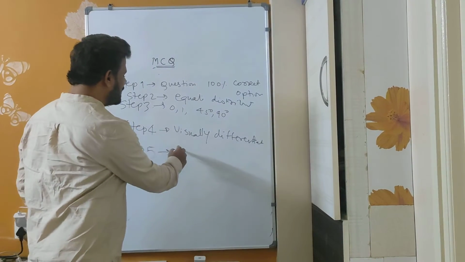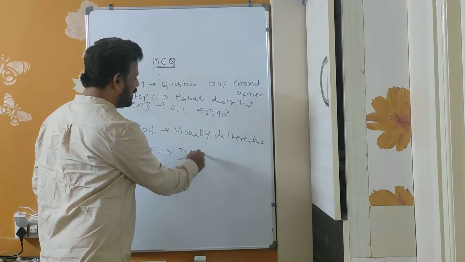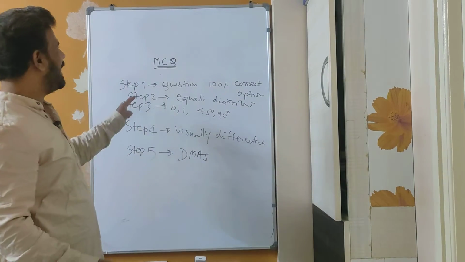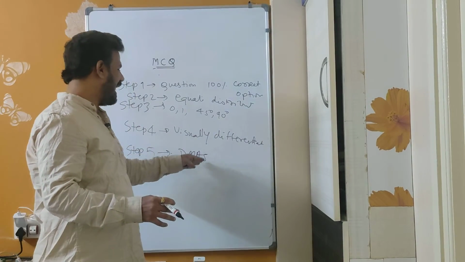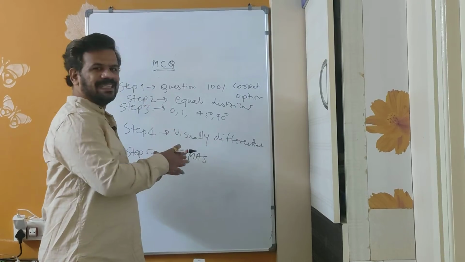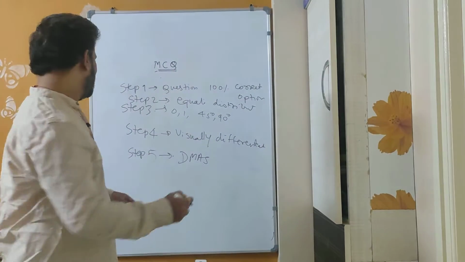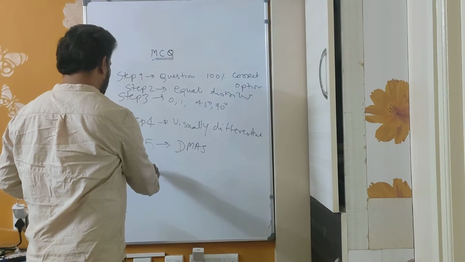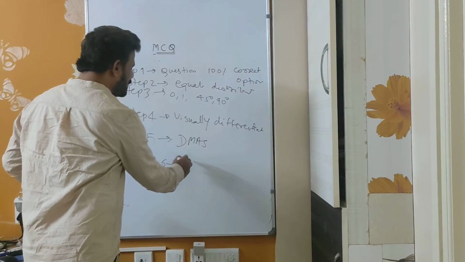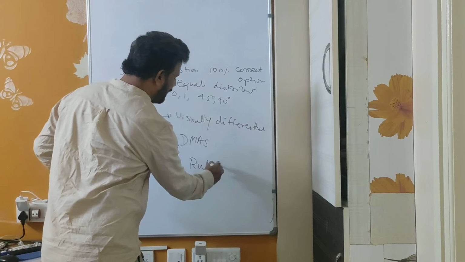Then step number 5 is to use the DMAS rule, that you divide, multiply, add, subtract with the existing data and try to find out whether you get any option, and choose that. Now step number 6, you use rule 50-50.